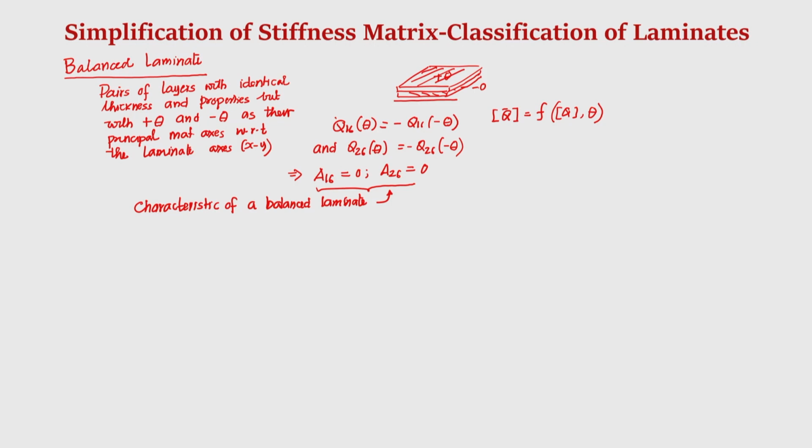Now, what is the significance of this? Then you have to understand why we actually require angle plies. Suppose we have a specially orthotropic laminate, say a cross-ply laminate 0 and 90. It will be strong in the longitudinal and transverse direction, but poor when it comes to shear. Suppose we want to enhance the shear stiffness, so we include say 45-degree layers, but as soon as we put one 45-degree layer, that immediately leads to the existence of A16, A26, which is actually 0 for 0 and 90 degree.